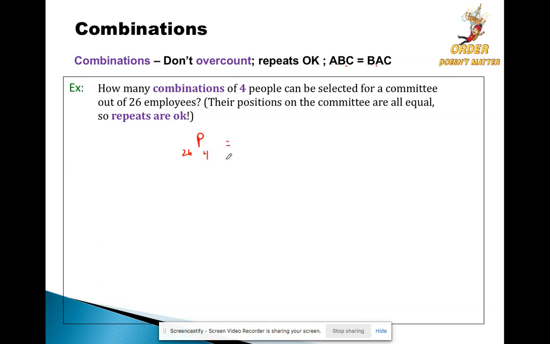But when I choose the people for the 4 slots, it doesn't matter which slot they go in. Being in position 1 is the same as being in position 2 for those 4 people. So you also have to divide, which is multiplying by the reciprocal of how many arrangements you had. So you have 1 over 4 factorial times 26 factorial over 26 minus 4 factorial.